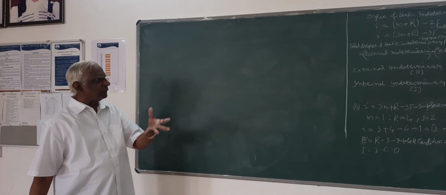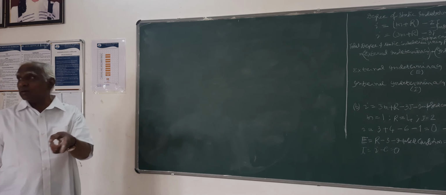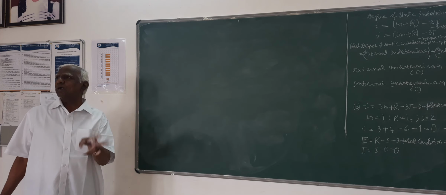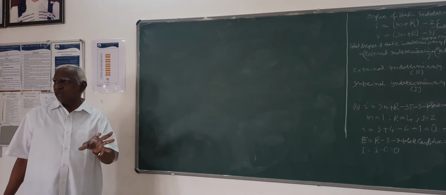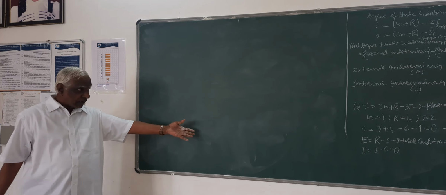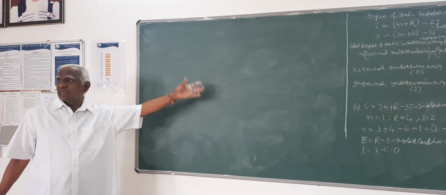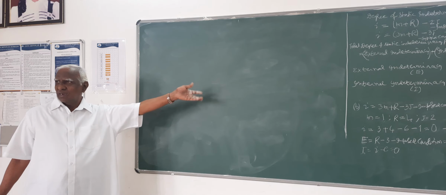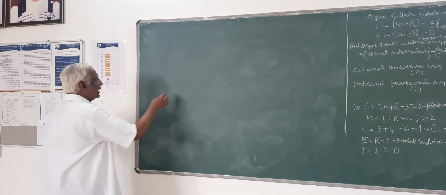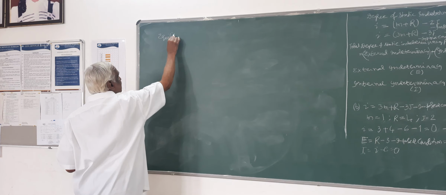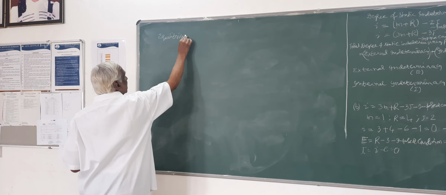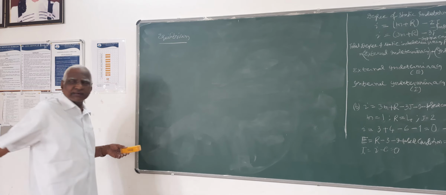Then I will spend about 5 minutes on equilibrium and compatibility conditions. I explained yesterday fully what the equilibrium condition is. Here also I was repeatedly telling equilibrium condition and all. So to be specific through an example, equilibrium and compatibility conditions.